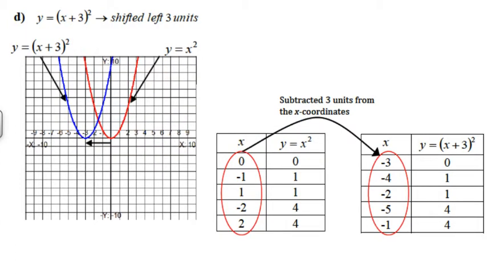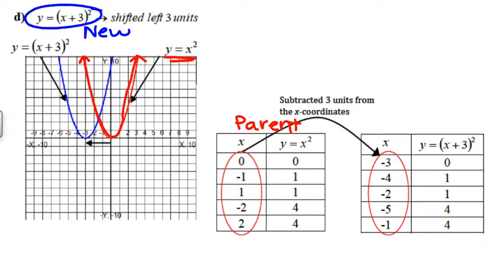Now the next example I said for you not to write down. So here is our parent that we graphed earlier in the last example. And those are the set of ordered pairs. Now here is the new graph equation, y equals (x plus 3) squared. Noticing it's adding 3.